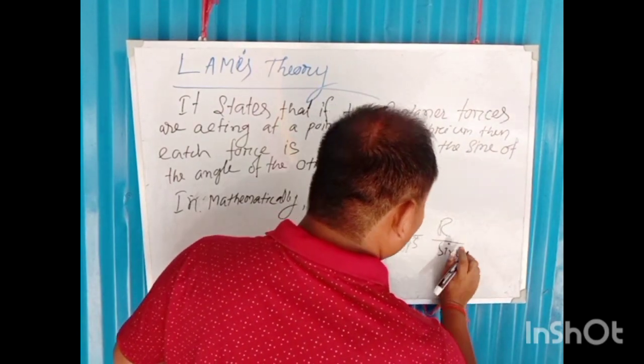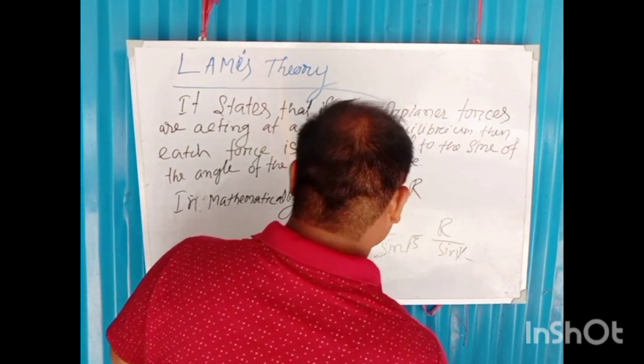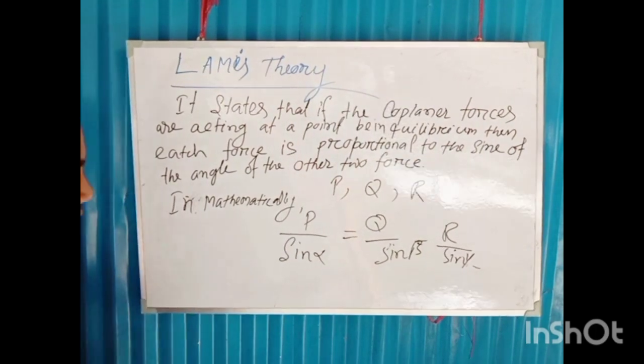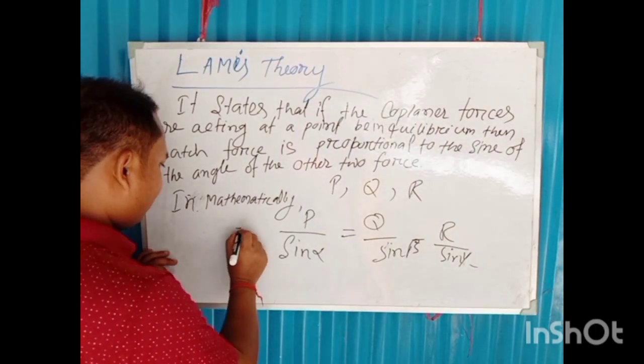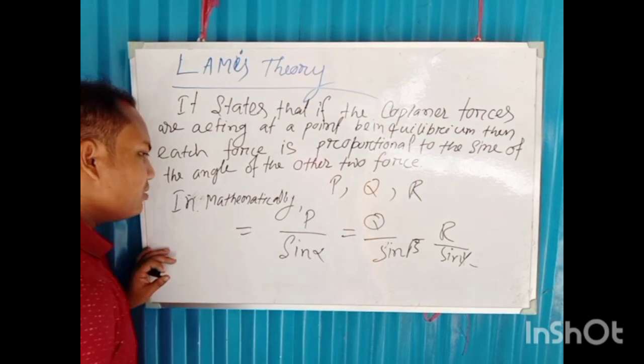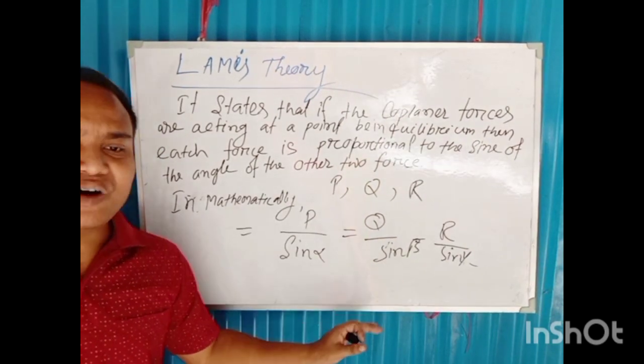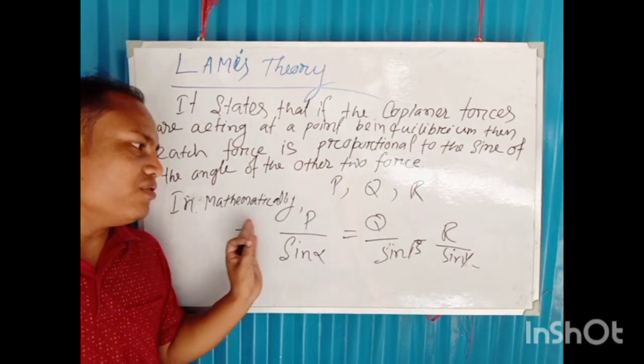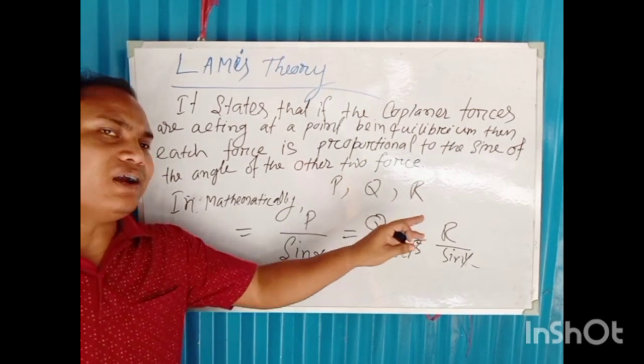Sorry, P over sine alpha, Q over sine gamma, R over sine beta. Okay, so this is the mathematical formula to find any force, that is, P, Q and R.